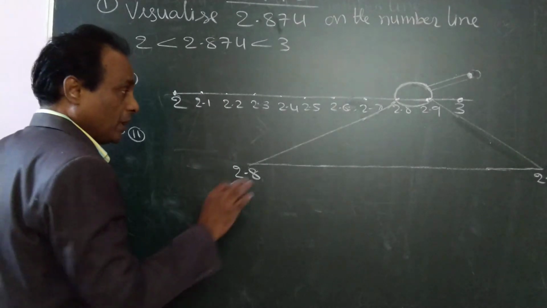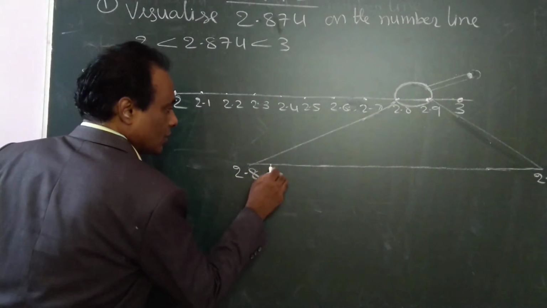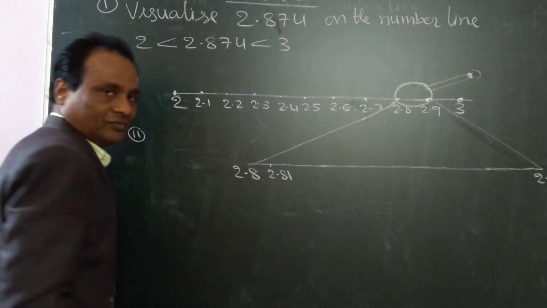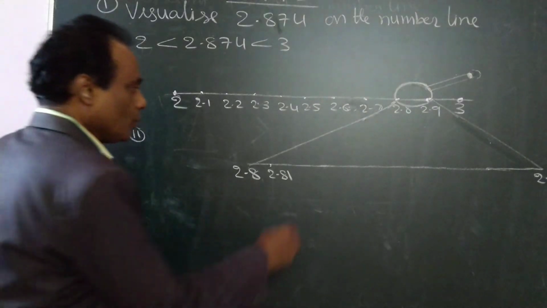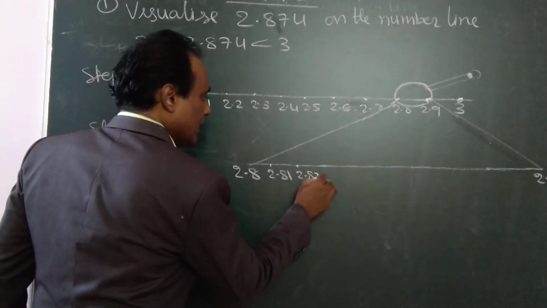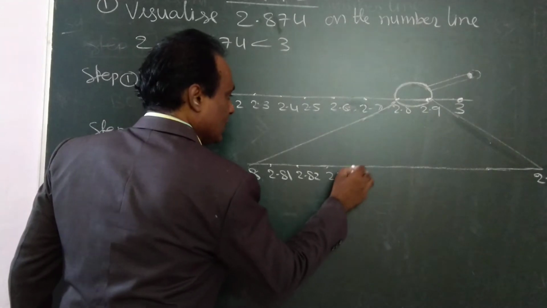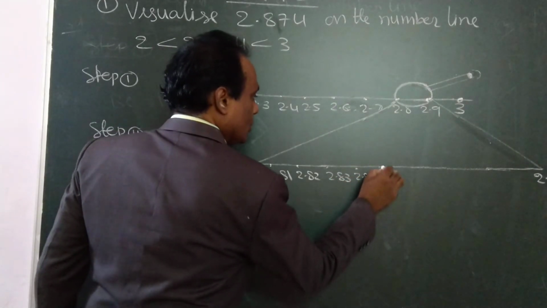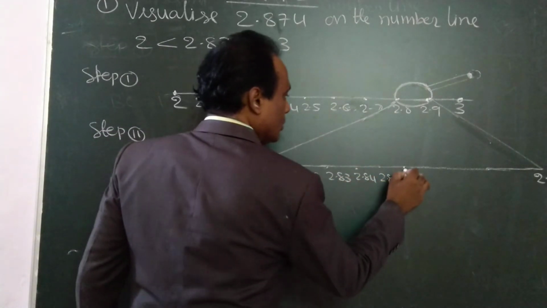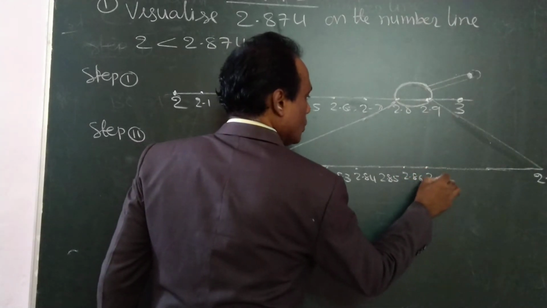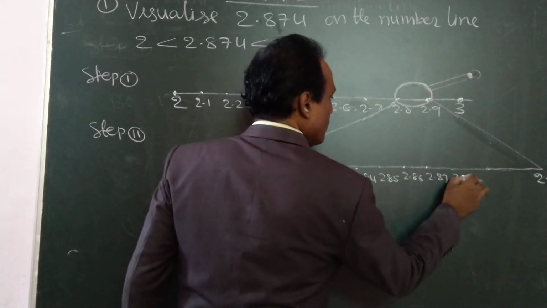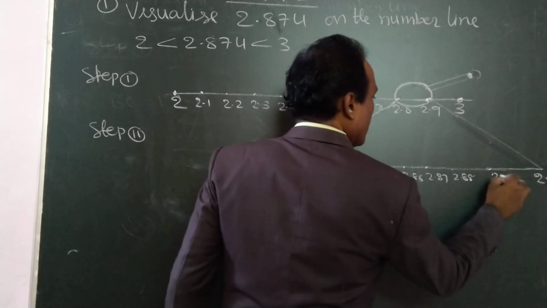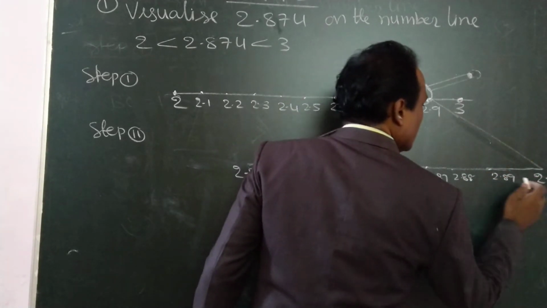So I will explain. Don't write anything. After 2.8, 2.81. Do you agree? 2.81, 2.82, 2.83, 2.84, 2.85, 2.86, 2.87, 2.88, 2.89.